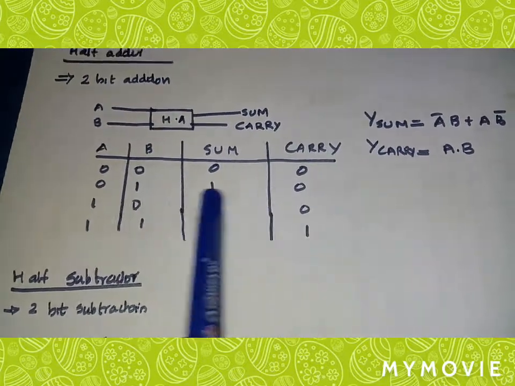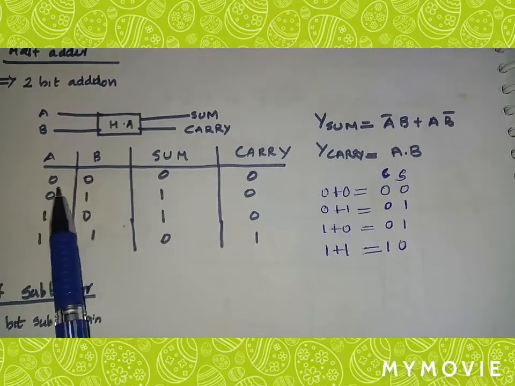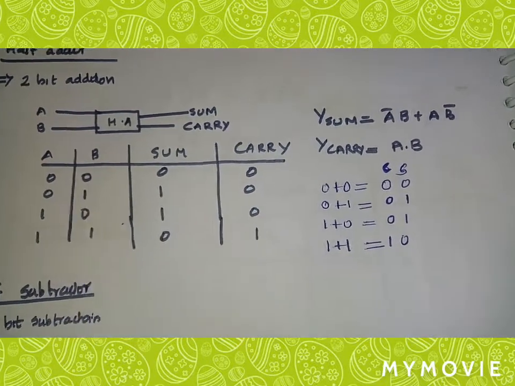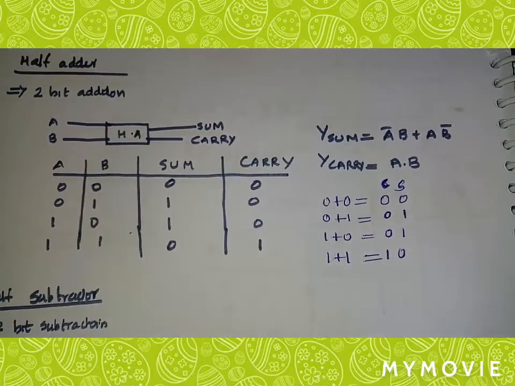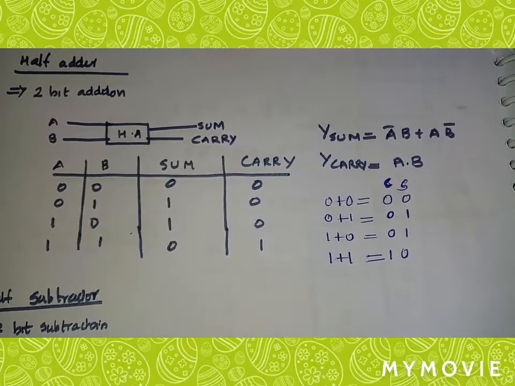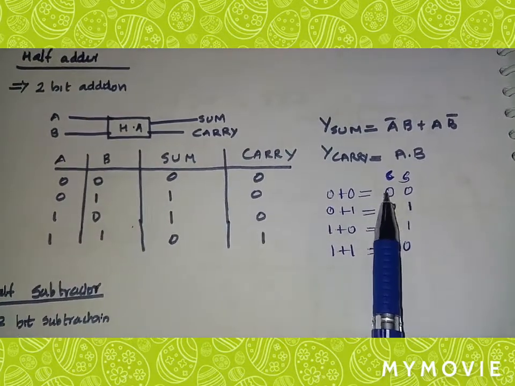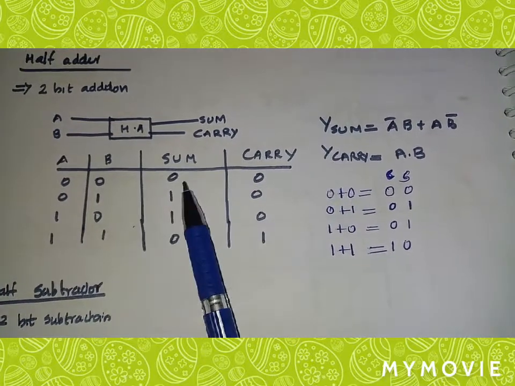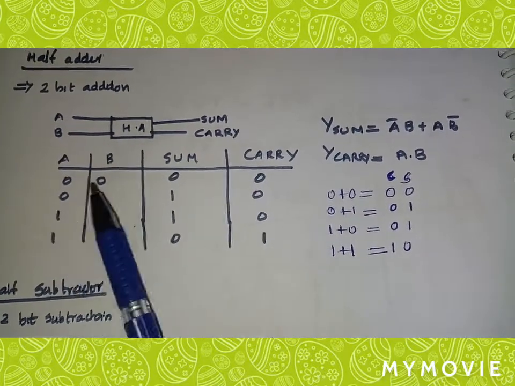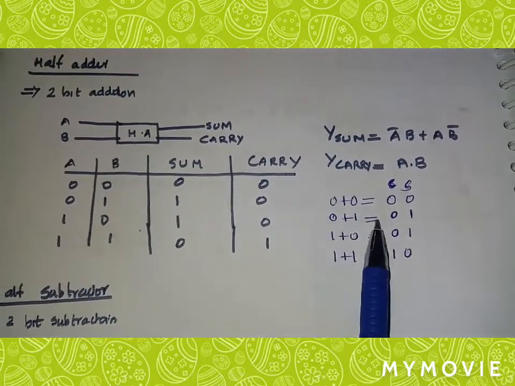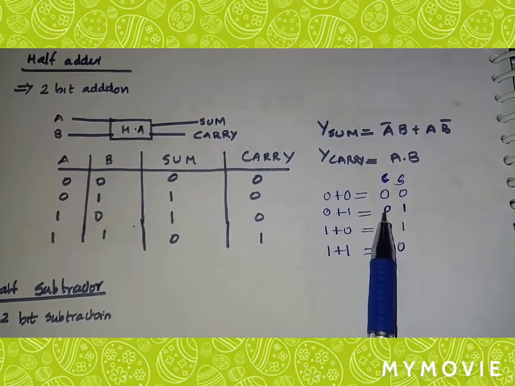How do we get this answer? In a half adder, A and B are inputs, and sum and carry are outputs. For 0 0, 0 plus 0 is 0 and carry is also 0, so sum and carry are 0. For 0 and 1, 0 plus 1 gives sum as 1 and carry as 0.